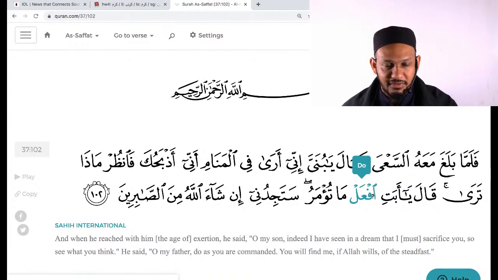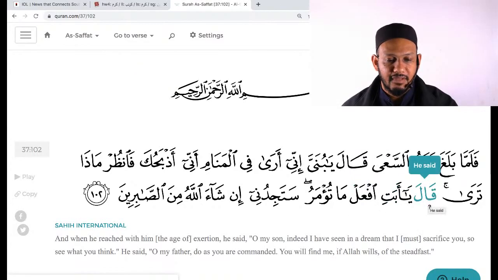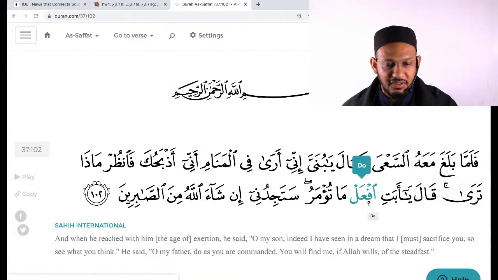I'll read through it. You with me? If I had to stop here, Qala ya abat, and I had to start the recitation here, I would say if'al ma tu'mar. You with me? So that's going to be an example.